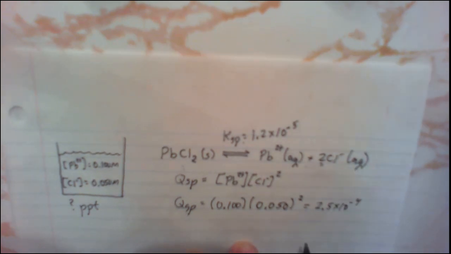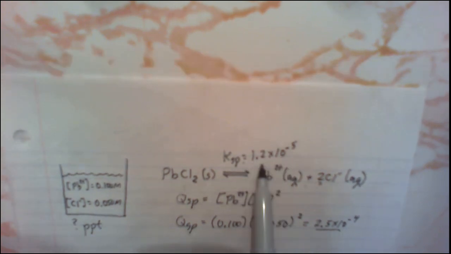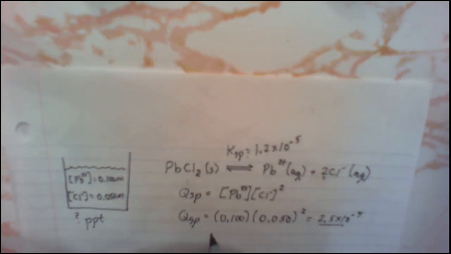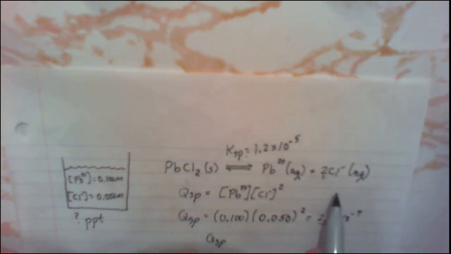Then all that remains is to compare my QSP to the KSP. We see that our QSP, 2.5 times 10 to the minus 4, is greater than the KSP of 1.2 times 10 to the minus 5.